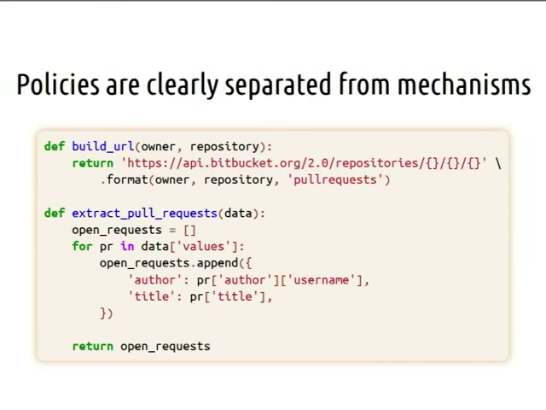But notice, having done this, policies are clearly separated from mechanisms. These are the policies; the mechanism is the how. And these two functions don't care that the data you're putting into them comes from Bitbucket. They have no idea. You just throw a blob of data at them and they give you a result back.